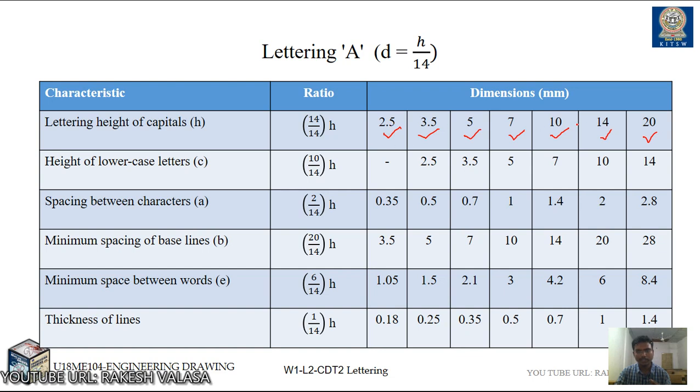Based upon this height, the following characteristics may vary: height of lowercase letters, spacing between characters, minimum spacing of base lines, minimum space between words, and thickness of lines. For example, I am taking h equal to 14.